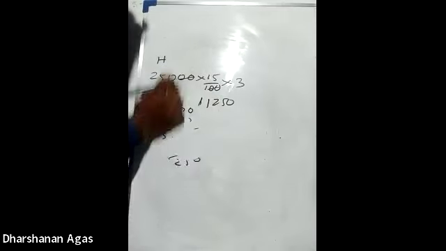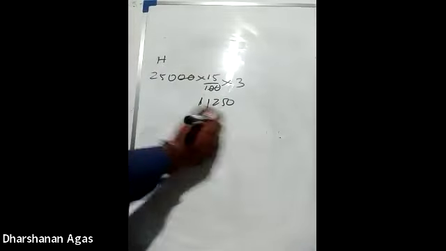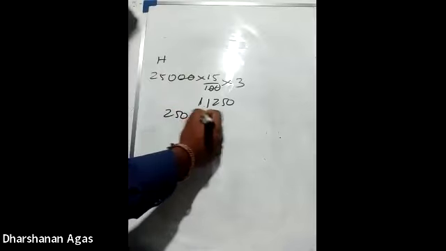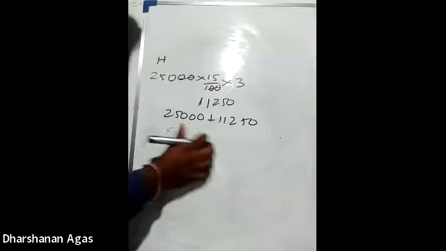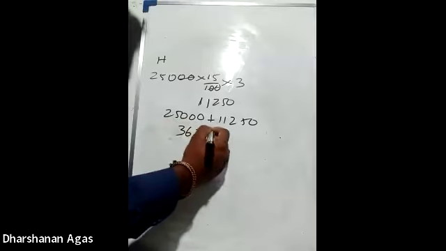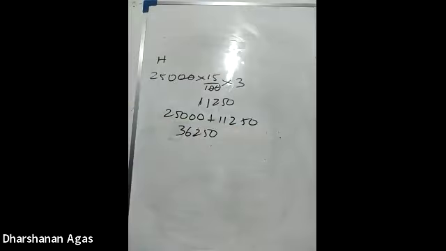This is the interest; then add the loan. The total amount is 25,000 plus 11,250, which is 36,250. Hassan is receiving 36,250.